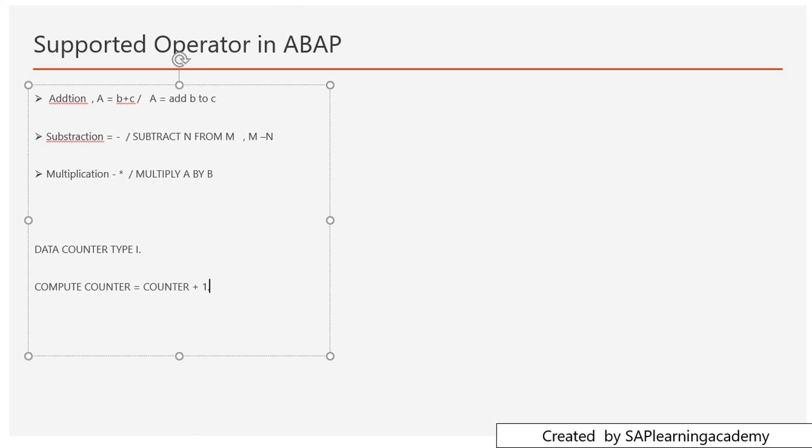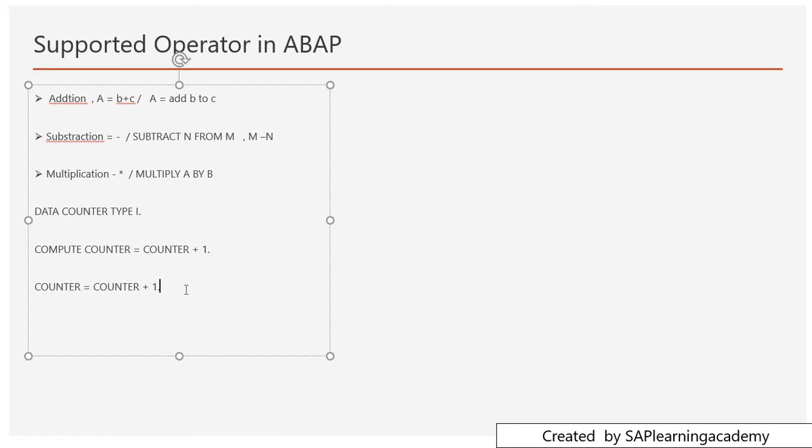Using this it also shows that you are doing an addition. I can show you another example, counter equal to counter plus 1. That also means if you use the keyword compute or if you don't use compute, it doesn't matter, it will do this addition.